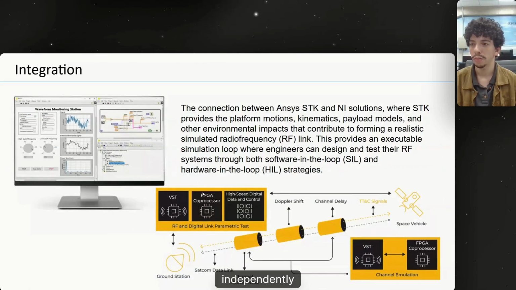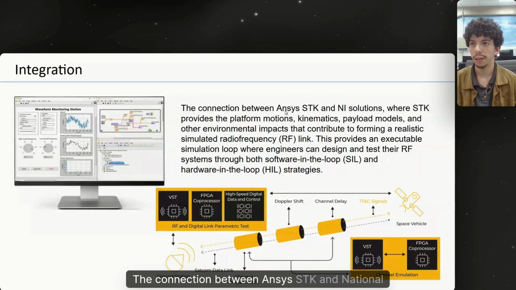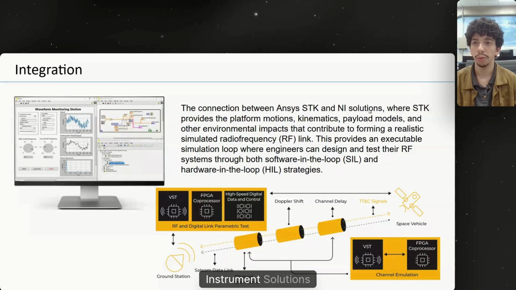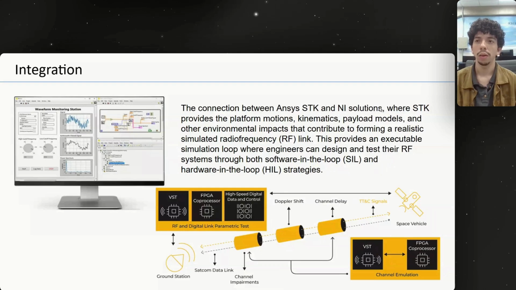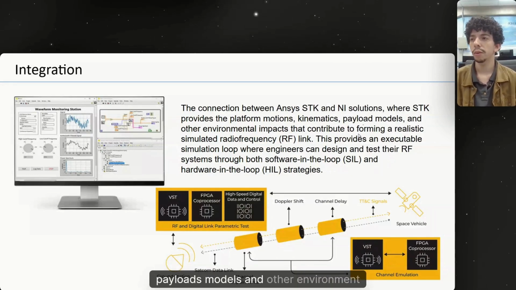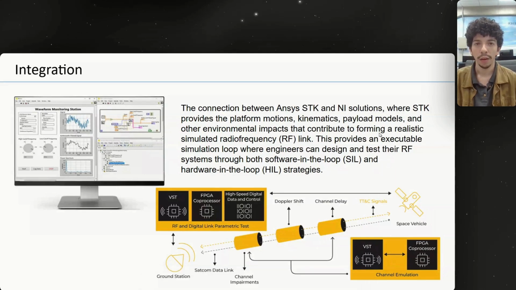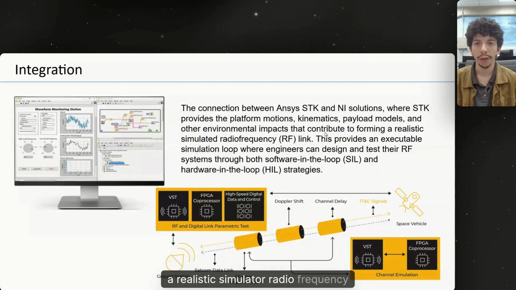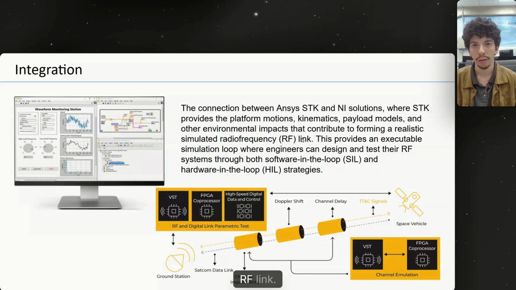And finally, we can integrate STK with the connection between ANSYS STK and National Instruments solutions. Okay, where STK provides the platform motions, kinematics, payload models, and other environment impacts that contribute to forming a realistic simulated radio frequency RF link.